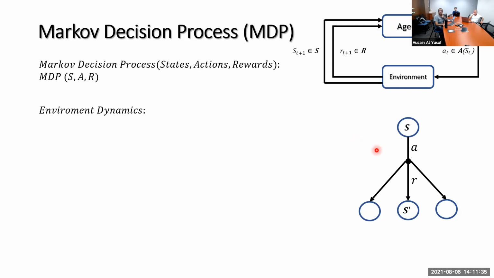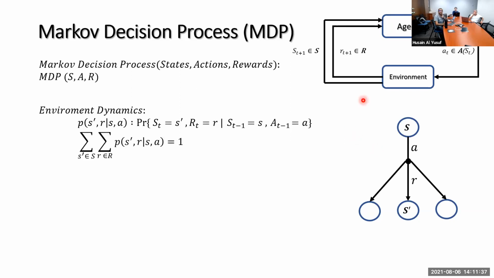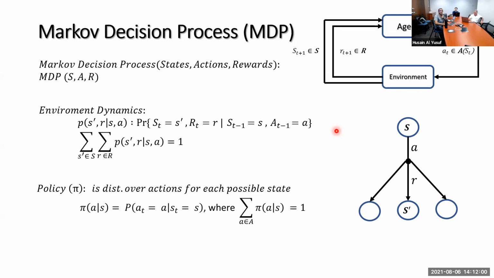The dynamic is the probability of being in the next state, S dash, and getting the reward R, given that you are in a state and take an action. This is the dynamic of the environment and how the agent interacts with the environment.